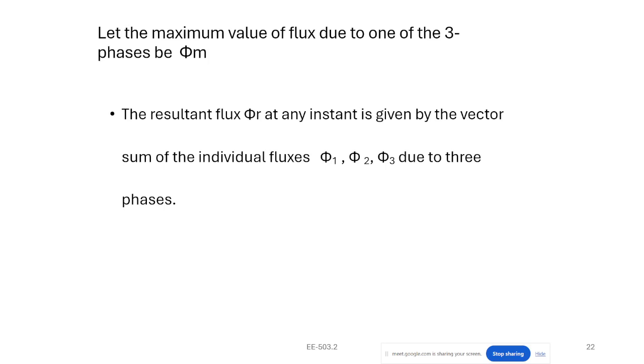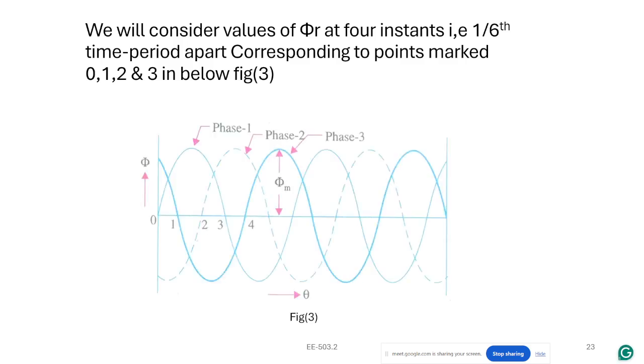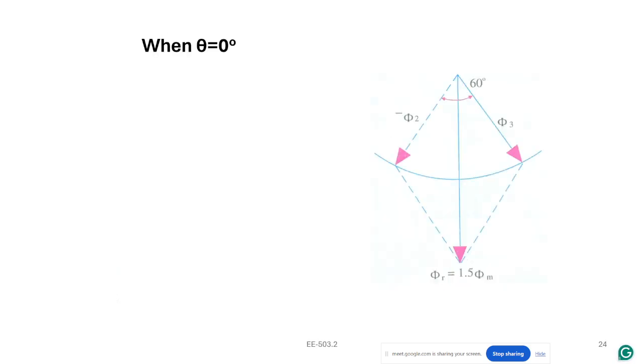So phi 1, phi 2, phi 3 are nothing but the three phase magnetic fields. Let me consider the resultant magnetic field at an instant. Whatever instant we talk about, that is 0 degrees, 90 degrees, 120 degrees. Similarly, here, in case of 0 degrees, how will it look?